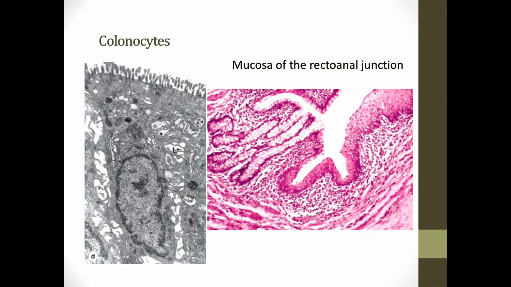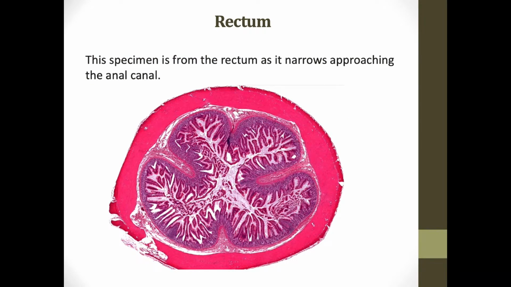And so there are no folds in the large intestine. Folds are usually formed by the mucosa and submucosa. Only the rectum region has such folds. This specimen is from the rectum as it narrows, approaching the anal canal.